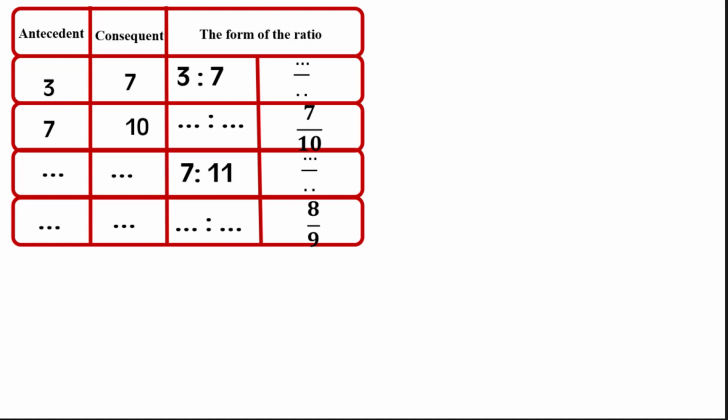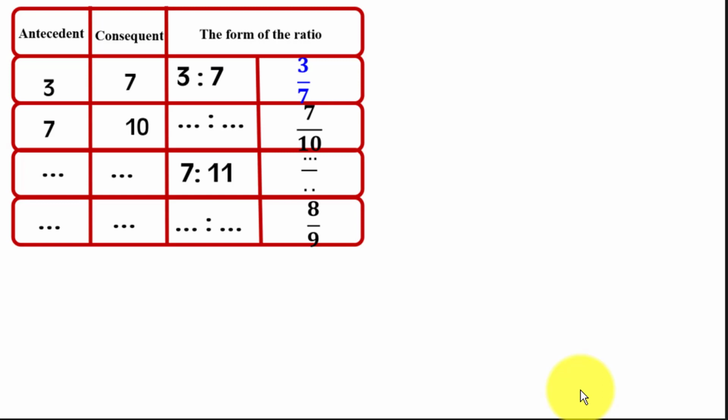The first ratio we have here, the antecedent is 3 and consequent is 7. So we can write the ratio as 3 to 7 or as a fraction. So the antecedent is the first, it will be 3, over the consequent, it will be 7.